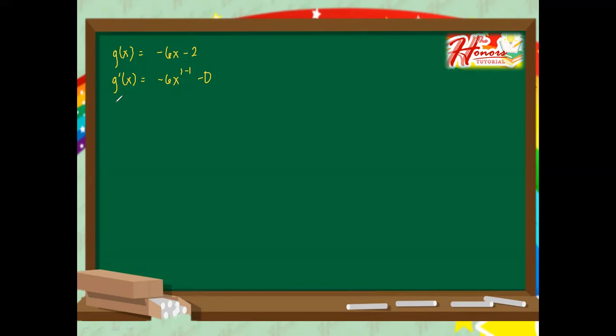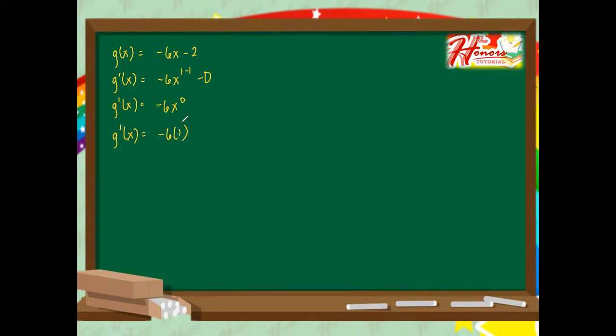Let's continue solving. We have here g prime of x is equal to negative 6x raised to 1 minus 1, then it is equal to 0. And then we just eliminate negative 0 because we don't need it. It doesn't have any value. Next, g prime of x is equal to negative 6 times 1.